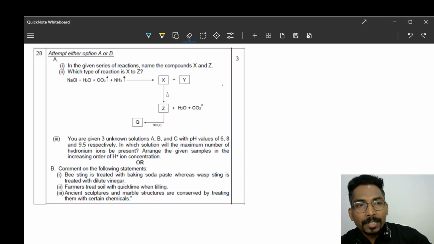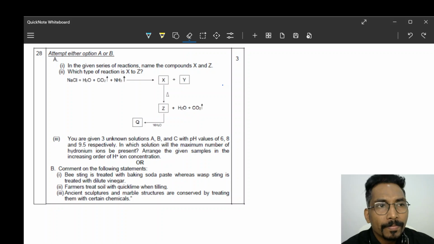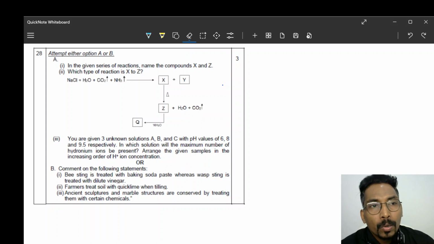Coming to the next question, a series of reactions is given. In the given series of reactions, name the compounds X and Z, and which type of reaction is X to Z?